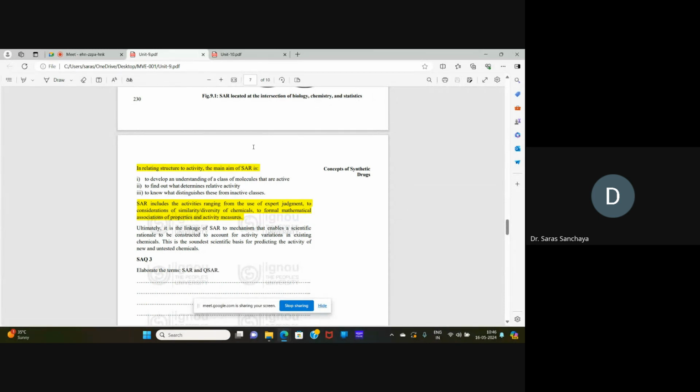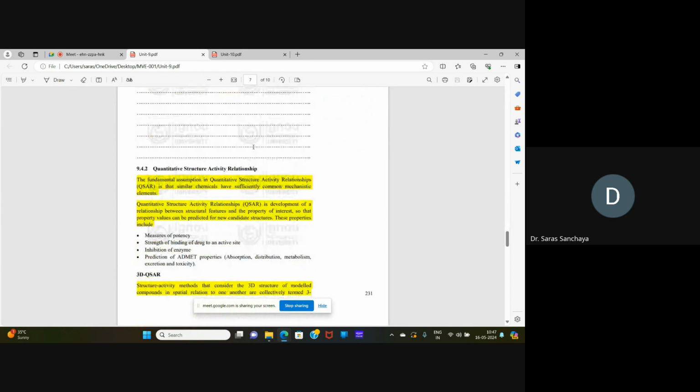SAR includes activities ranging from use of expert judgment to considerations of similarity and diversity of chemicals, to formal mathematical associations of properties and activity measures. So, not just physical properties and chemical properties, but biological properties are also measured and distinguished in this SAR. So, depending upon the structure activity, we can classify different drugs according to their various properties and various functions in the body.